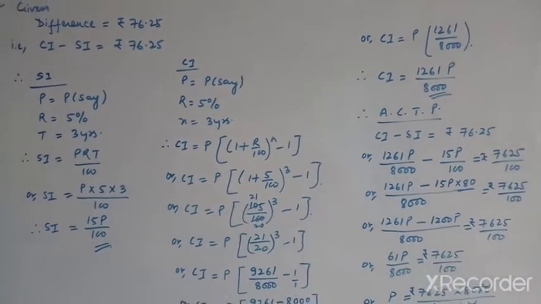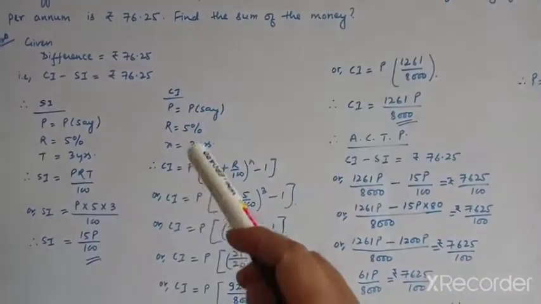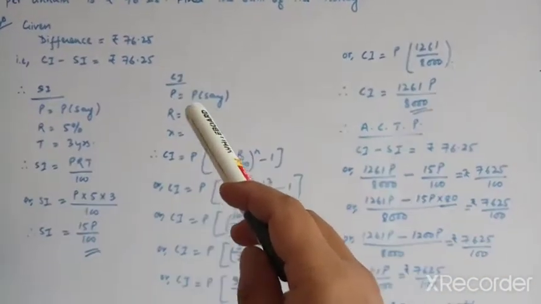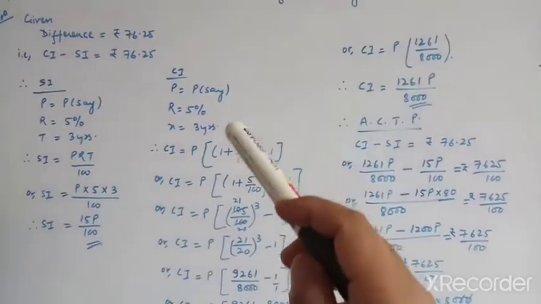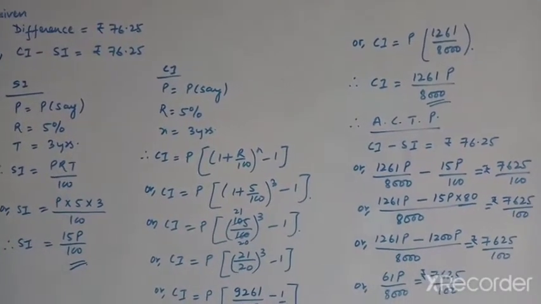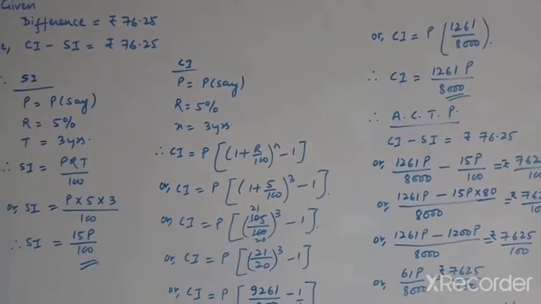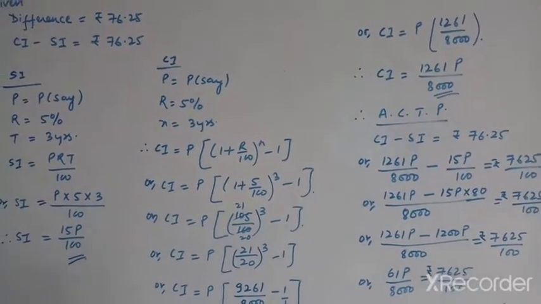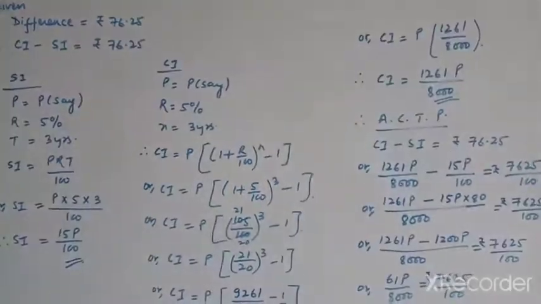Now let's move on to compound interest. For this also principal, rate and time will be the same. In the last video lesson we used the formula of amount, because in that question we knew the value of principal.